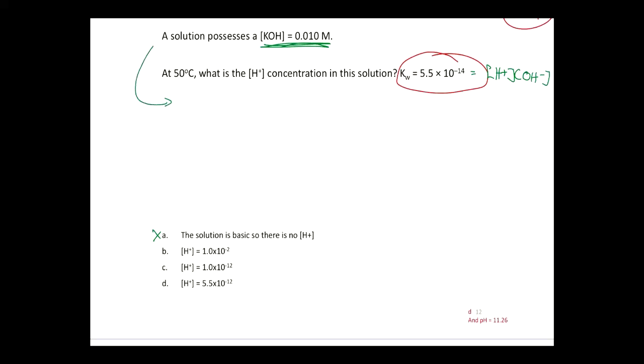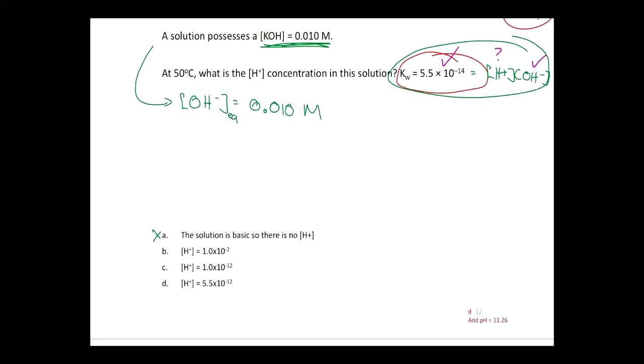So the strategy here is from this KOH concentration, we can deduce that the hydroxide concentration at equilibrium is also 0.10 molarity. And so together with the Kw information, look, I give you Kw. We just assume that the KOH concentration is the same as the hydroxide concentration.